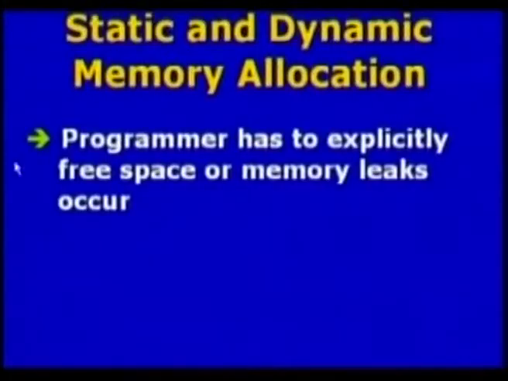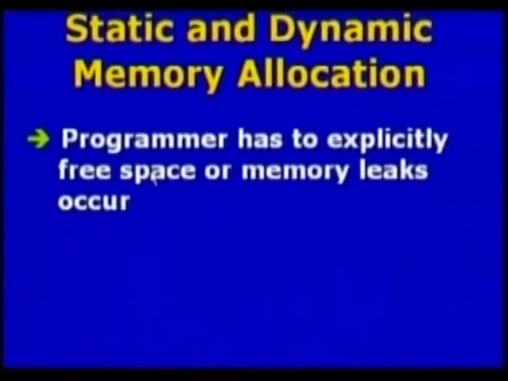How to do it? The programmer has to explicitly allocate the memory, and once the programmer is done with this space, the programmer has to free that space. Otherwise, it's going to stay reserved, and the operating system is not going to free it for other programs or for other users.